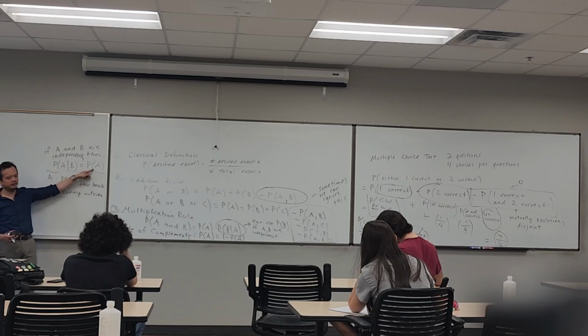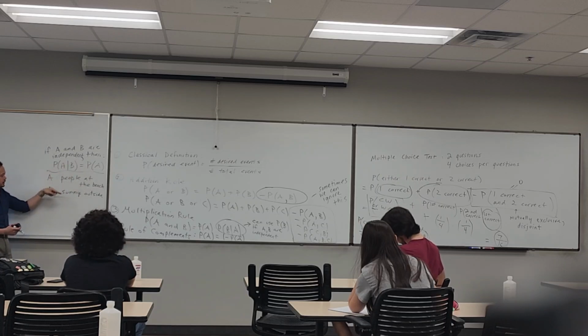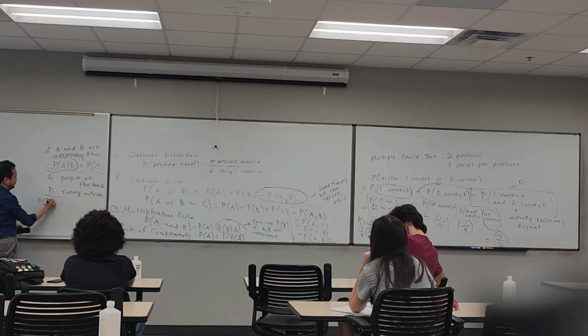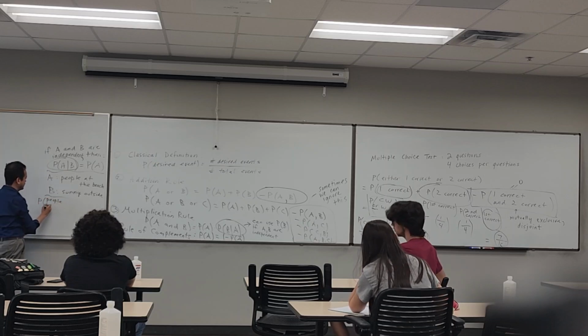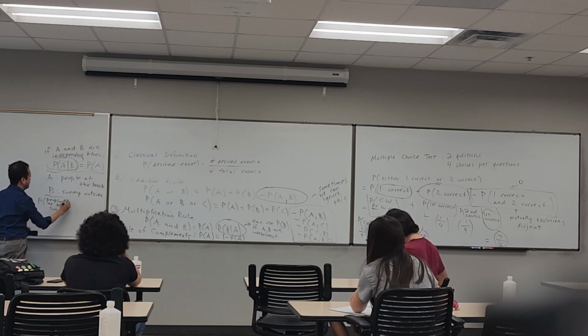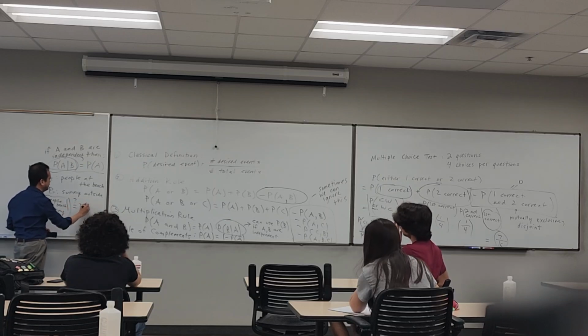If this is met, then they're independent. But if not, they're dependent. So let's look at these probabilities. The probability of A given B means the probability of people at the beach given that it's sunny. Does that equal the probability that there are people at the beach, period?